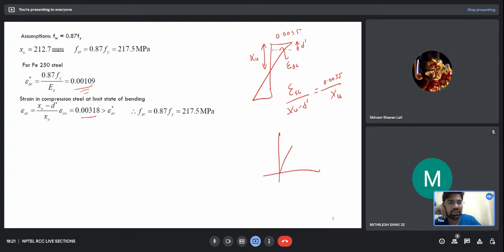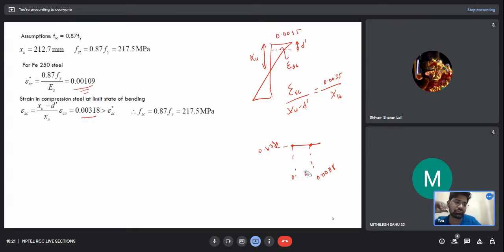Let me explain again. I have considered that our bar is at this point. Suppose this strain was 0.001, but now I got my actual strain as 0.00318. So it doesn't matter, because for this part we have the stress as constant. But if, for example, our actual strain had come up somewhere here, then it would have mattered.